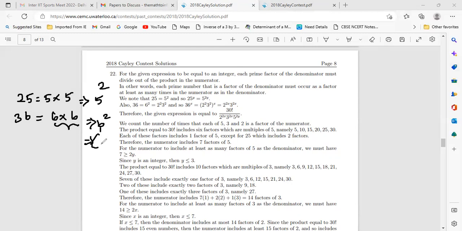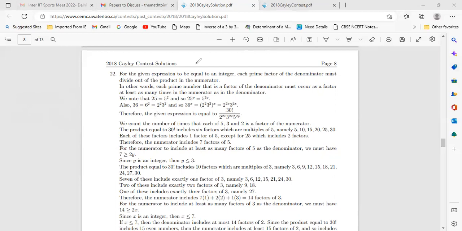And 6 can be written as 2 times 3 the whole square, which can be expanded as 2 square into 3 square. So you do have 5 square, 2 square into 3 square. So these factors of the denominator are also the factors of the numerator, the factors of the 30 factorial.